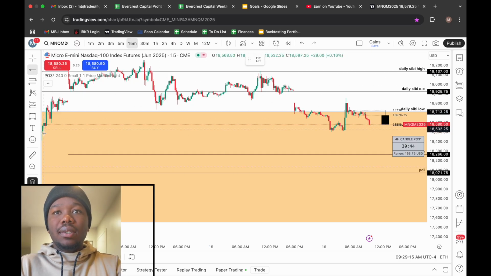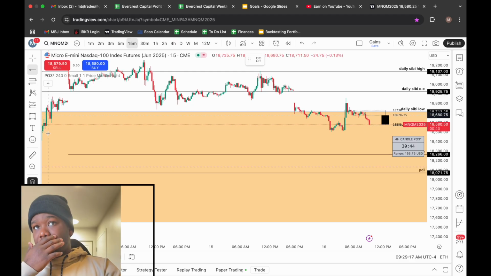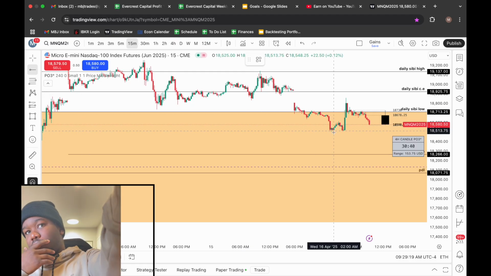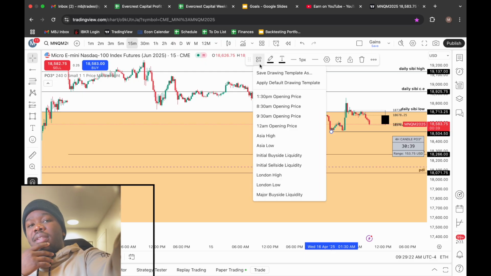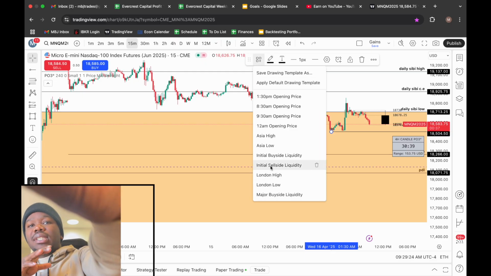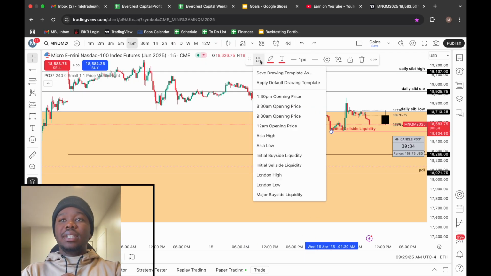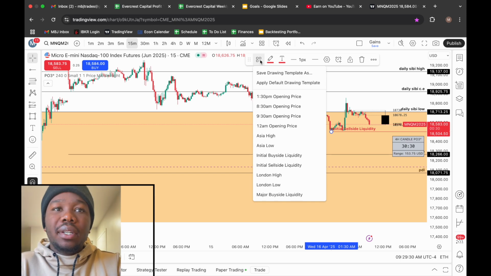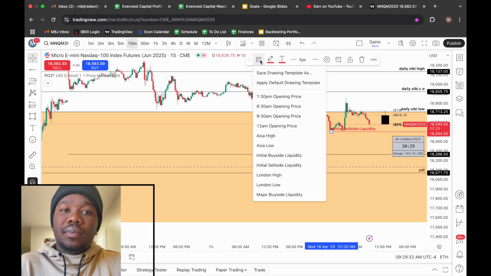So I have the initial sell side, and if you look, I have all my different confluences saved. This just makes it easier and quicker for me, and it helps me trade.